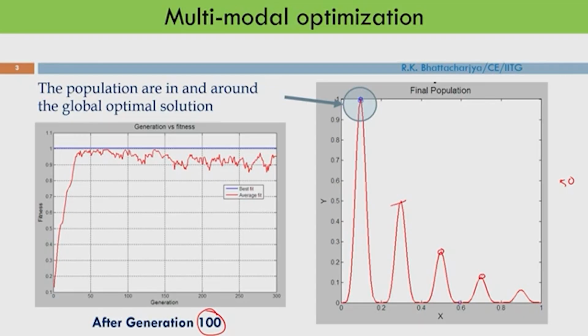Now suppose this global optimal solution is not acceptable, and I need a local optimal solution. In case of genetic algorithm you will only get the global optimal solution.